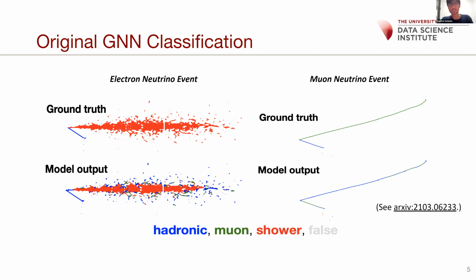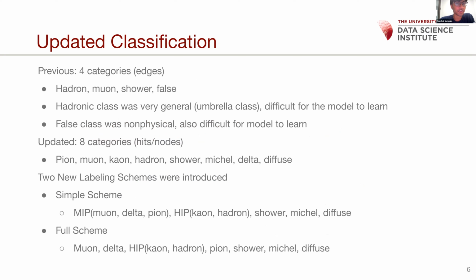Now, in order to move to using this GNN in more realistic situations, we also had to update our classification and labeling, and we changed our edge classifier to become a node classifier. The way we made that change, I'll explain as well. We moved from classifying edges to classifying nodes.